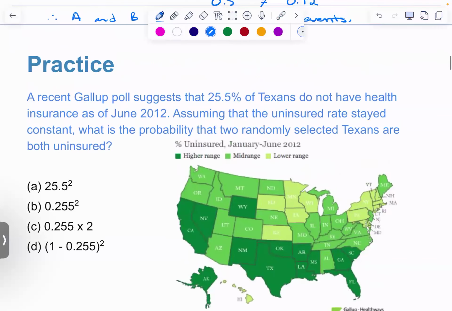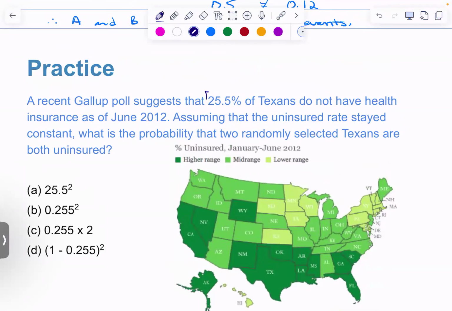From here, if we say the probability of uninsured, probabilities have to be between 0 and 1. Often probabilities are reported as percentages, but for our math, we need the decimal. So the probability that a randomly sampled Texan is uninsured would be 0.255.